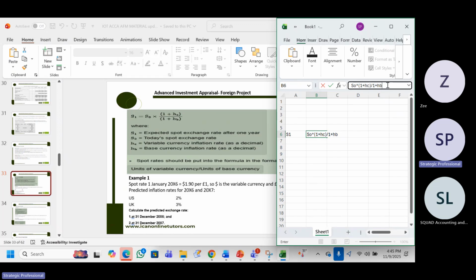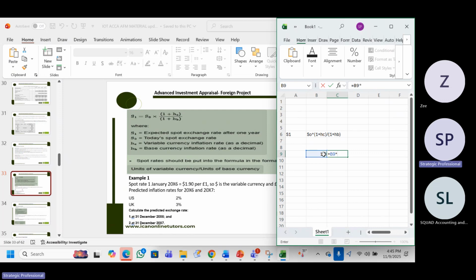This is the formula. Now let's work with this one. It told us that the spot is one naira, 1.90. So if my spot is 1.90, how do I do it?